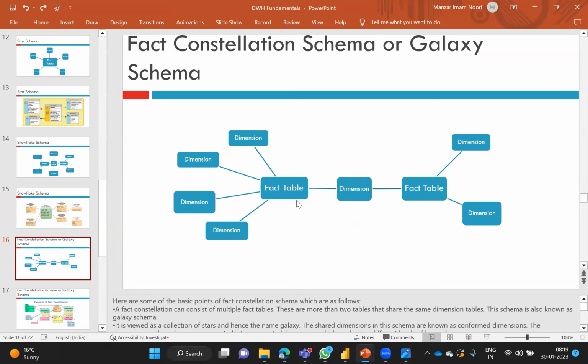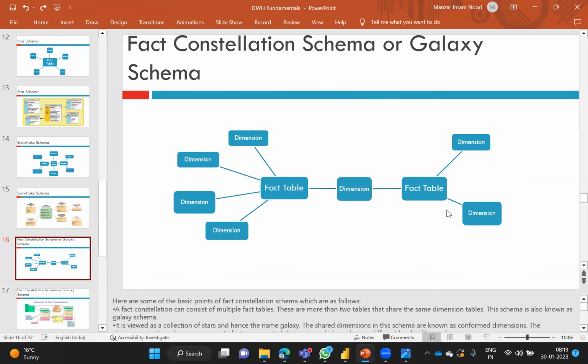And you want to analyze at one place. So in that case you have to use a common dimension to connect both of these fact tables and analyze the data at one place. So actuals and budgets, maybe, or forecasting. So you have different fact tables, and you are connecting through a common dimension.